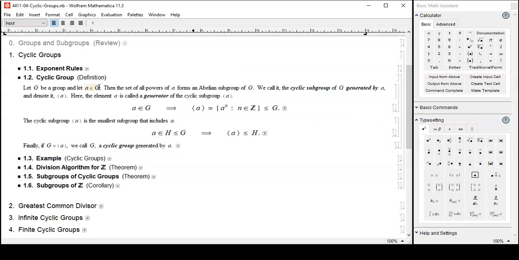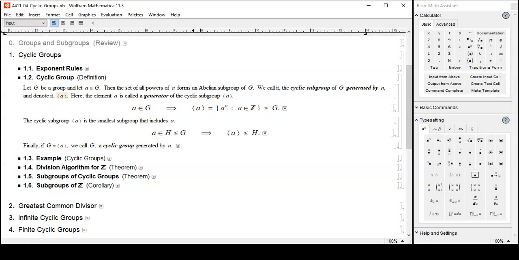Let's begin with a group G and an element a from there. The set of all a to the nth power expressions forms a subgroup. It's an abelian subgroup as a matter of fact, and we proved it last week, remember? We call it the cyclic subgroup of G generated by a, and we denote it using the triangular bracket like this.